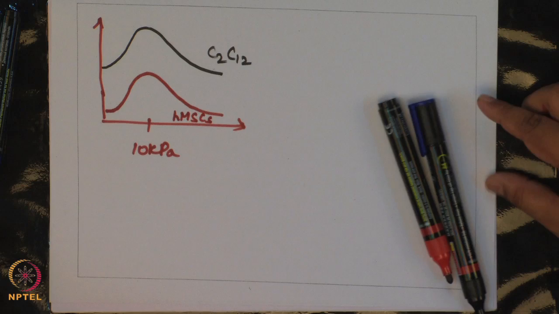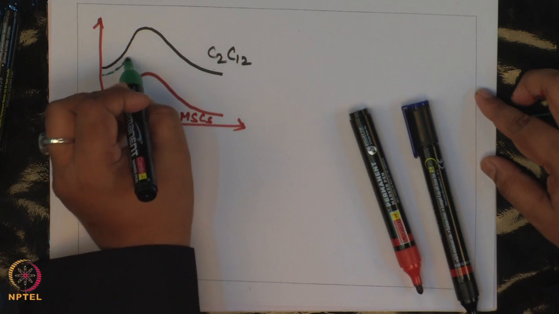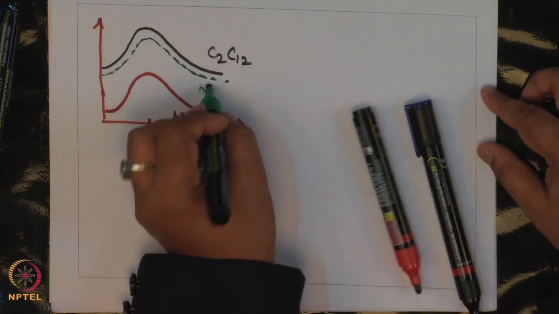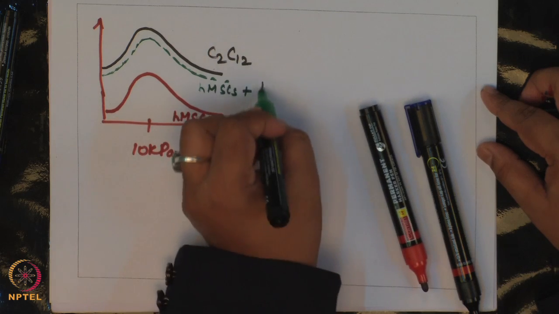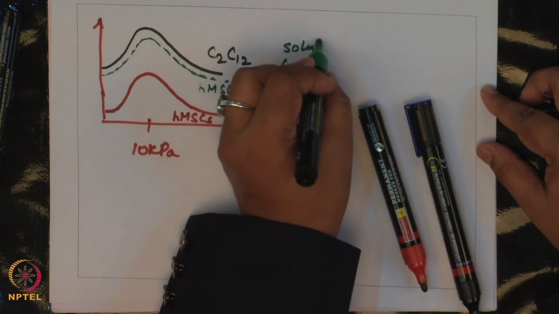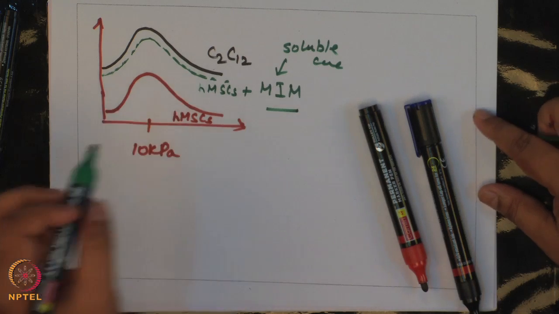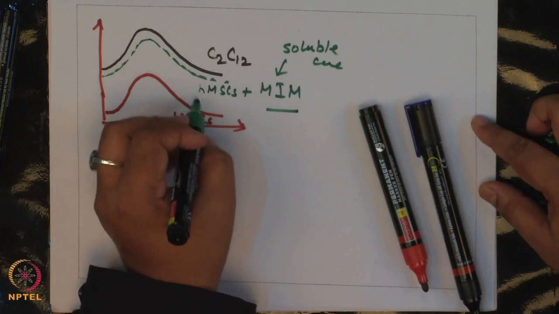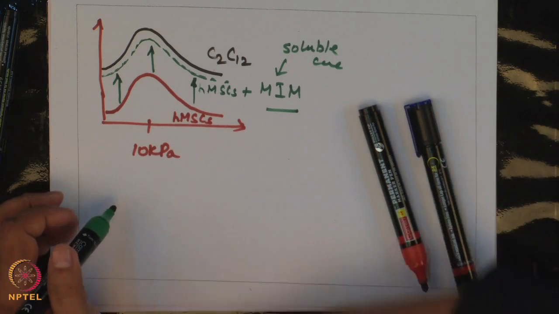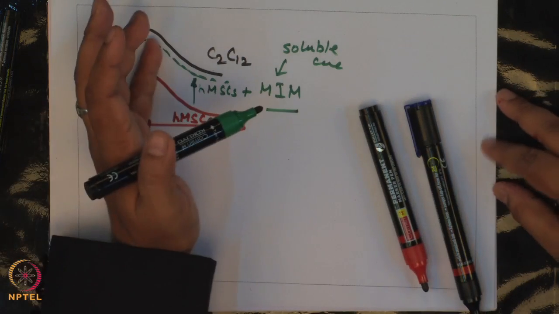If you add a muscle induction factor, so this is HMSCs plus muscle induction media, so this is your soluble cue. This suggests that when you add a soluble cue, your signal increases in a stiffness independent manner. So, you just have shifted the baseline across all the surfaces, but the peak remains the same.